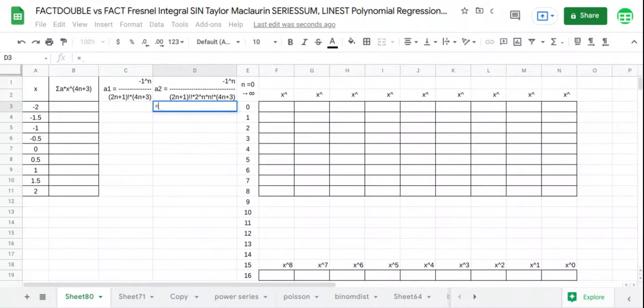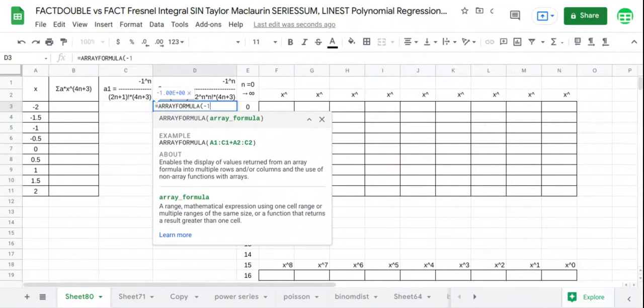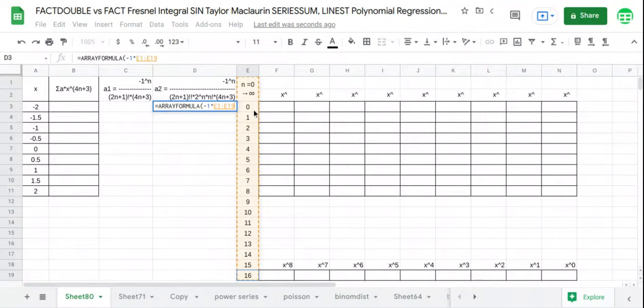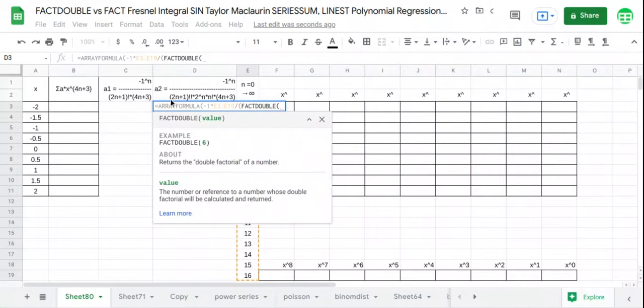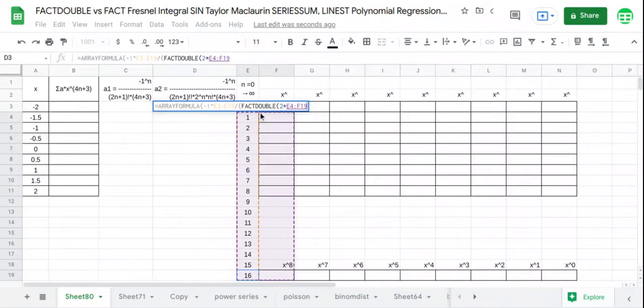We continue with the coefficients, which is our array formula, minus 1 raised to the power n, divided by, there are 4 parts of the denominator, starting with the first part, which is double factorial of 2n plus 1, so 2 times n plus 1.